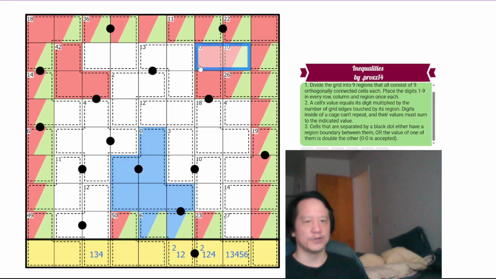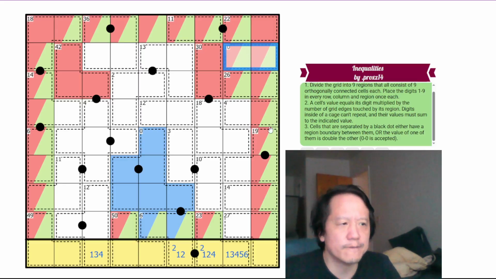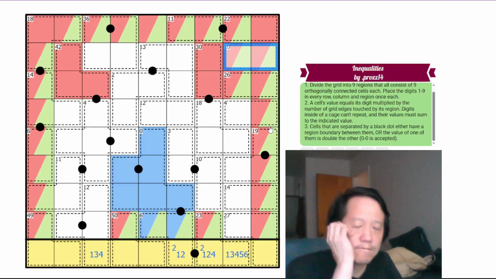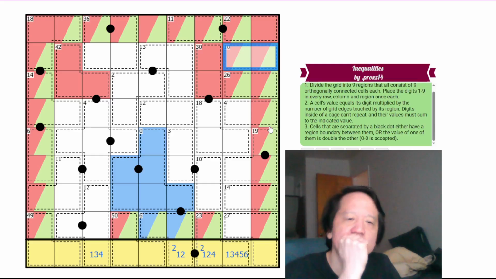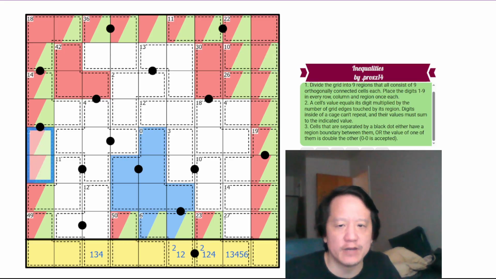It can't orthogonally connect to a 0 region. So this still could be red. Okay. Touches 2. So this is 1 through 5 at most.